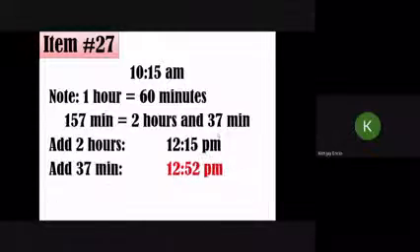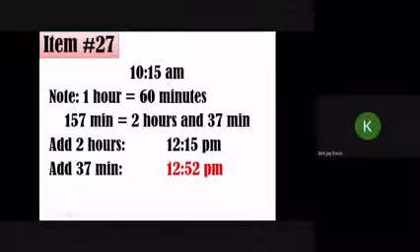So after 2 hours, from 10:15, it will be 12:15 p.m. But notice that p.m., because once you pass 12, a.m. becomes p.m. or p.m. becomes a.m. So from a.m. here it becomes p.m. after 2 hours.